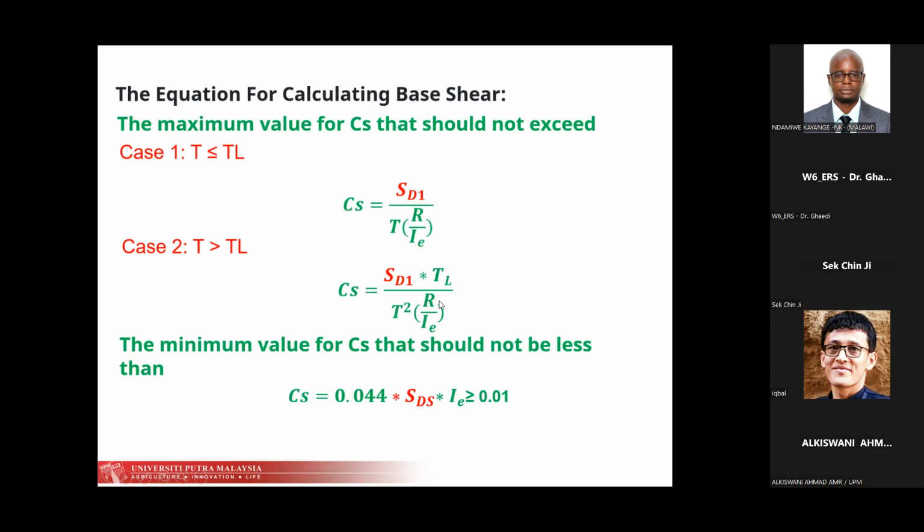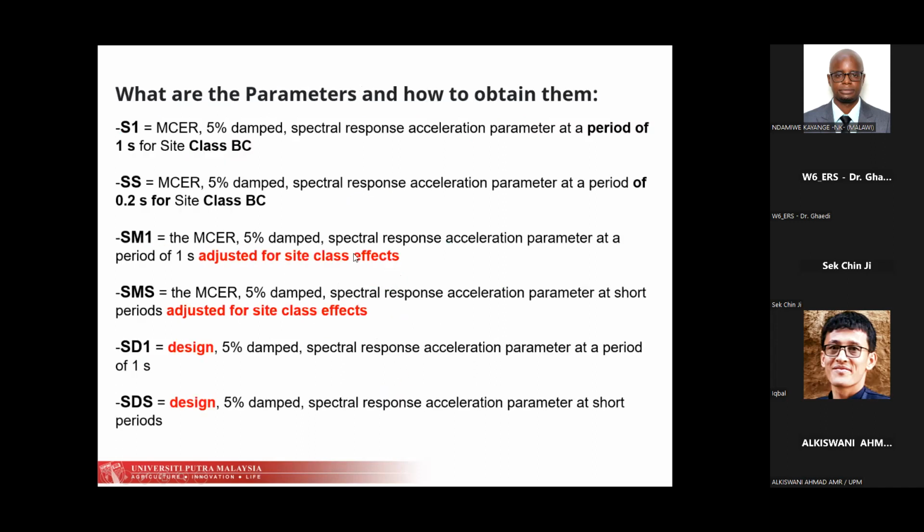Okay, to understand this equation, we should understand what SDS and SD1 are, what T, R, and IE are. So we will begin first with SD1 and SDS. To calculate SD1 and SDS, we should have S1 and SS at the beginning. These values are usually given by the code, and they are related to where we study the structure.